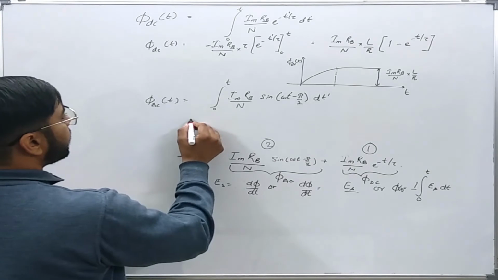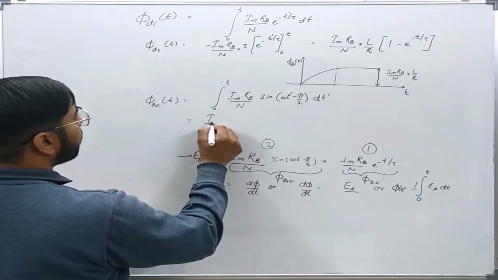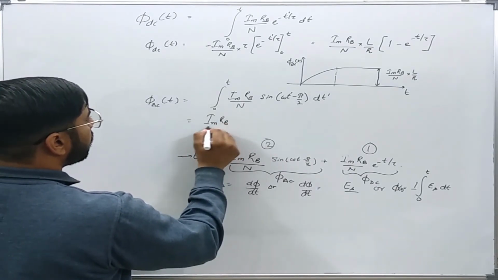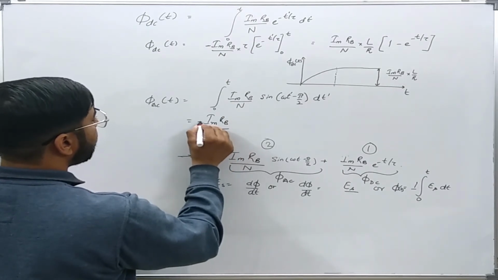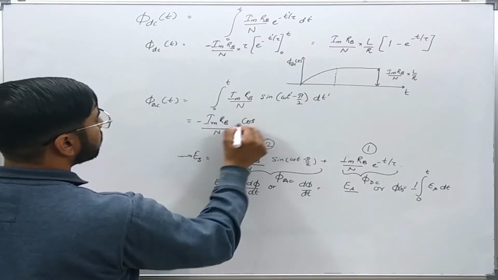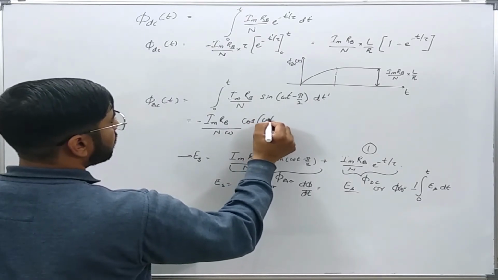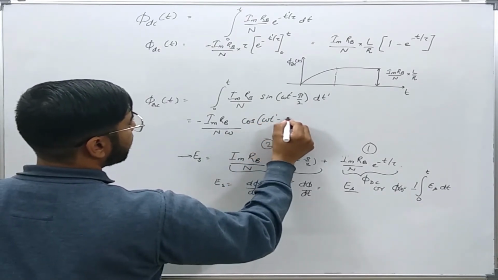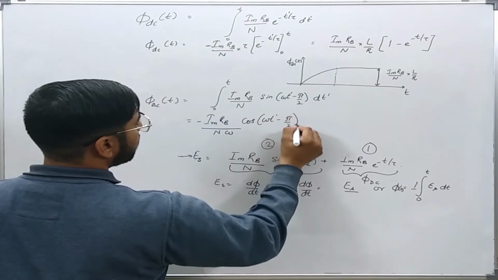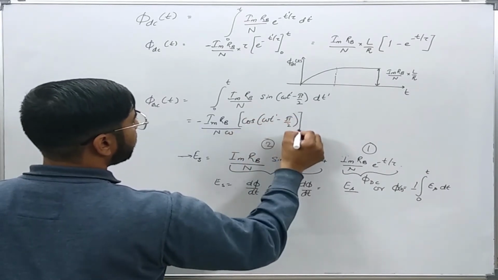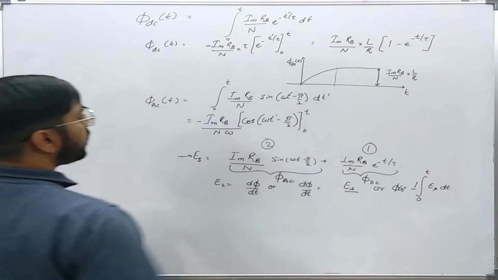Now I will perform the integration. Im RB over N, minus cos(omega t dash minus pi by 2) will come here, and this is going to vary from 0 to t.